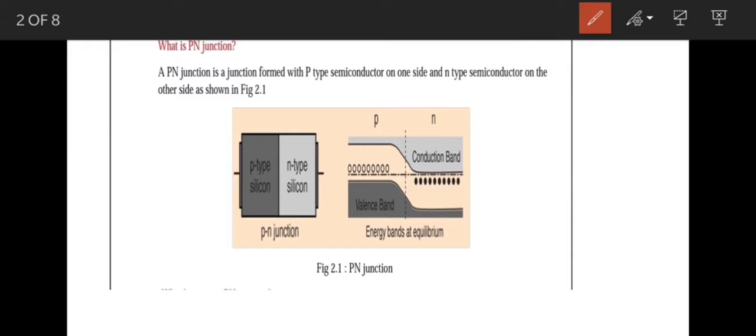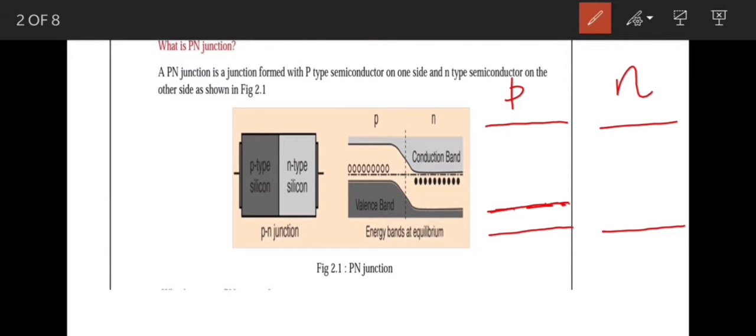A p-type semiconductor has a conduction band and a valence band and a level of acceptors near the valence band, whereas an n-type semiconductor has a conduction band and a valence band, then a donor level near the conduction band.